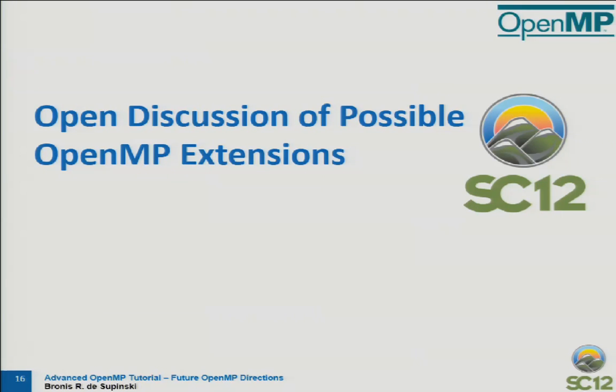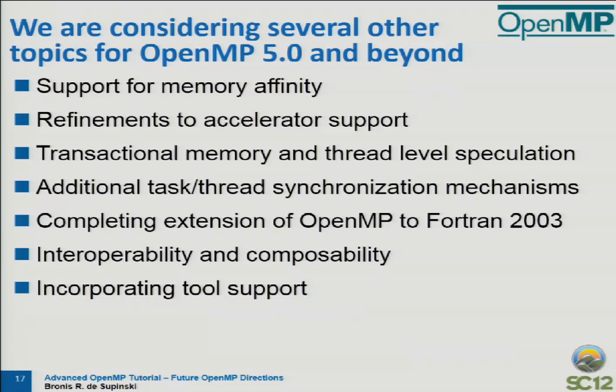Looking into the future, what we are discussing for OpenMP 5, 6, 7, and 8 and whatnot. So we are talking about adding support for memory affinity so that you can tell, for example, a task, please execute locally where your data is, so that you can further influence the scheduling decisions. Of course, the new accelerator support needs some refinements.